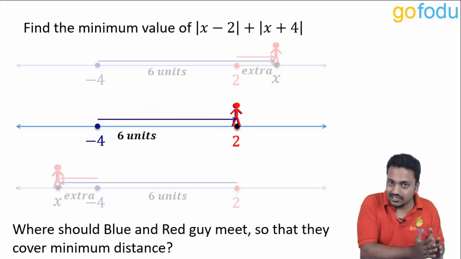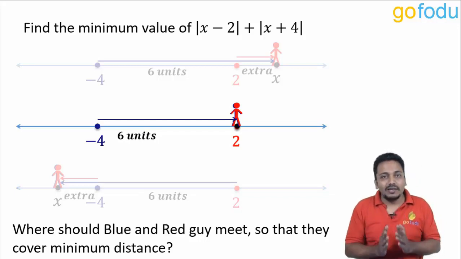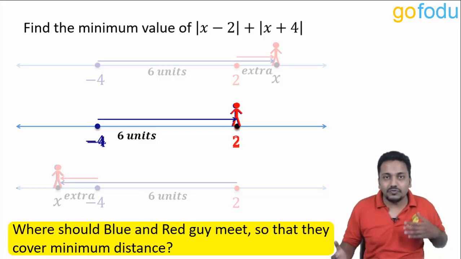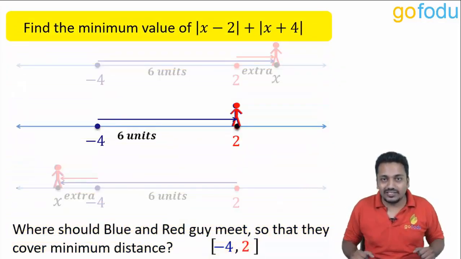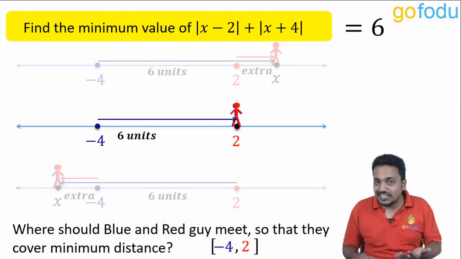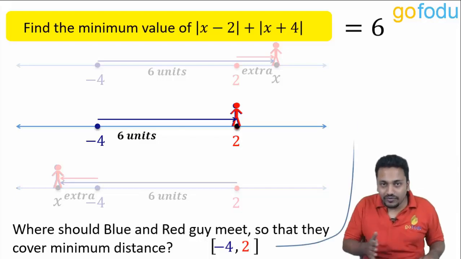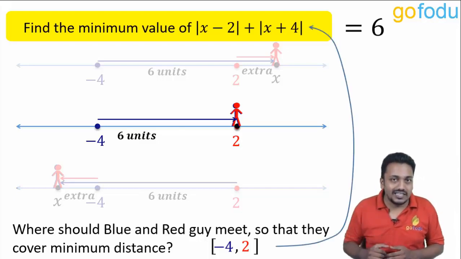The distance is still 6 units only. So we can say for minimum distance, their point of meeting can be anywhere between -4 and 2, both points included, and the minimum distance will be 6 units. So the minimum value of this expression will be 6 only. We can also put any point from this range in the expression and obtain our final answer as 6.